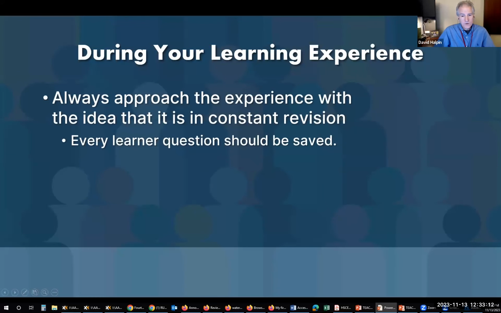And I always tell everyone that you should always approach your learning experiences with the idea that it is in constant revision. Every learner question should be saved because every learner question reflects the backgrounds, experiences, and diversity of your learners. So when I get an email from a learner that says, can you explain this more?